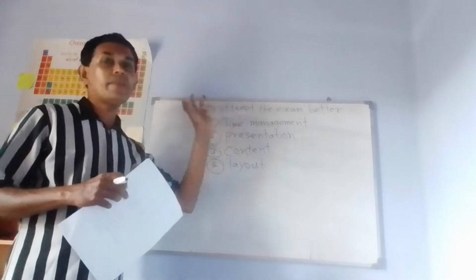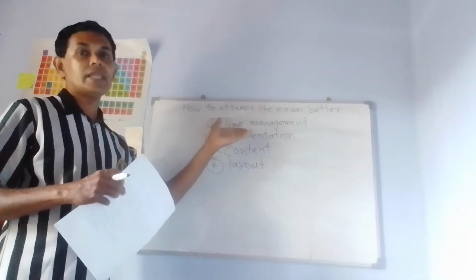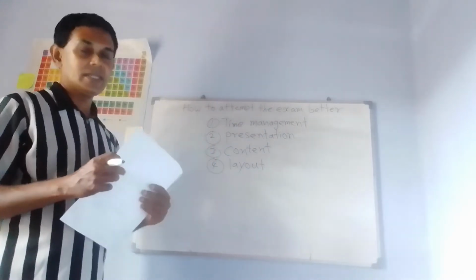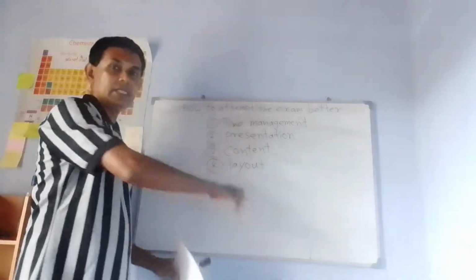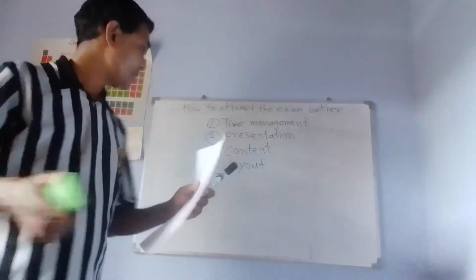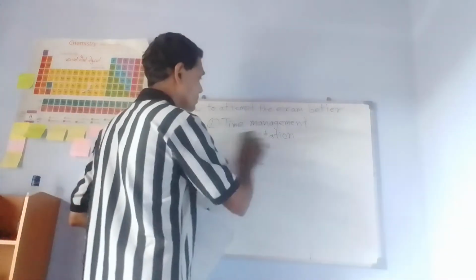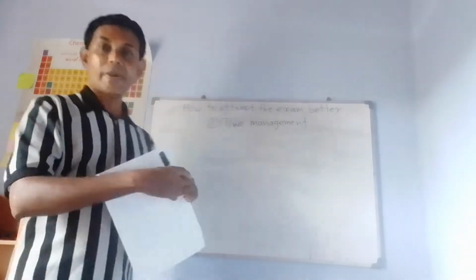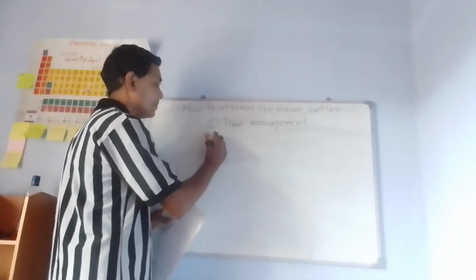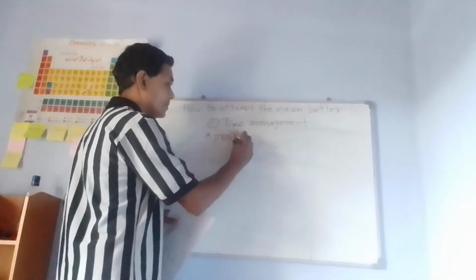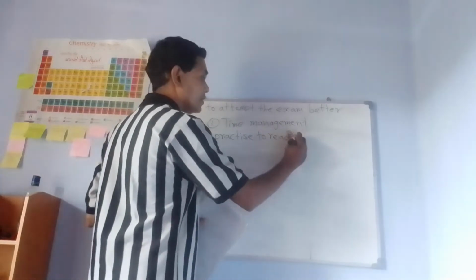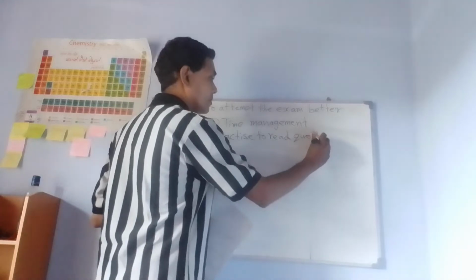Then, referring to time management, what are the things we should give prominence to in order to promote our students? I will list them out. First, practice reading the questions.